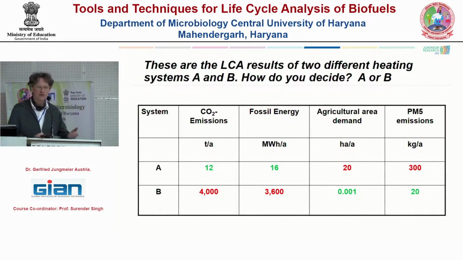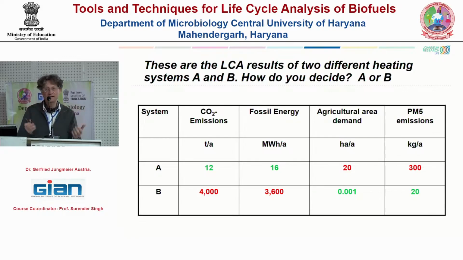We are comparing 2 systems, system A and system B, and we have decided to look at 4 different inventory categories: CO2 emission, the fossil energy, the agricultural area demand or area occupation, and the particle emission at a specific site. And they're all normalized.